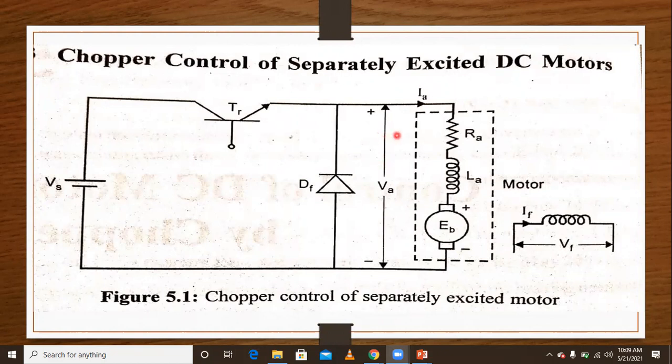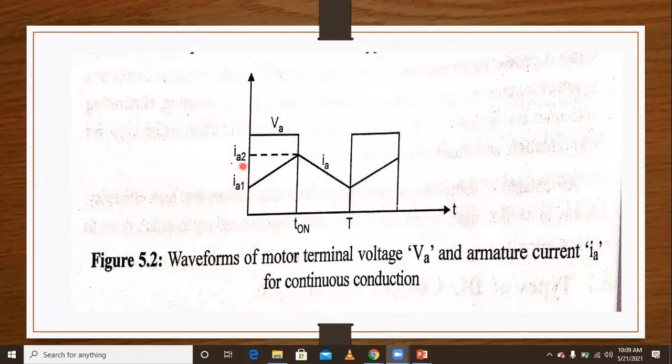In current limit control, the load current is allowed to vary between two given limits, that is, IA1 and IA2, the lower limit and the upper limit.